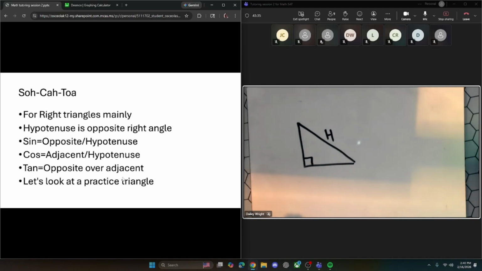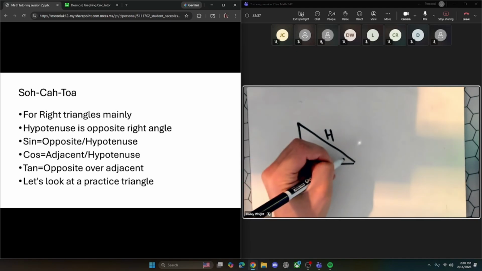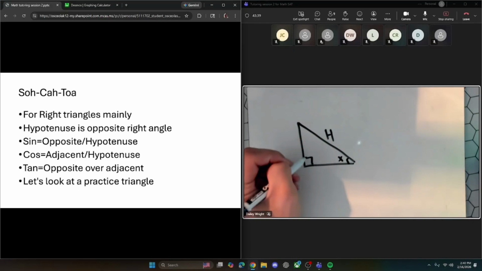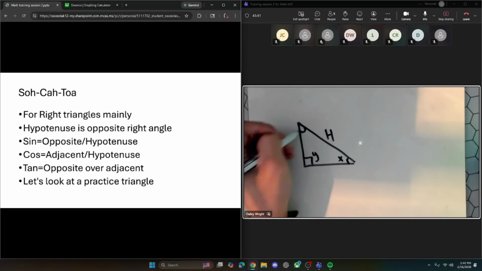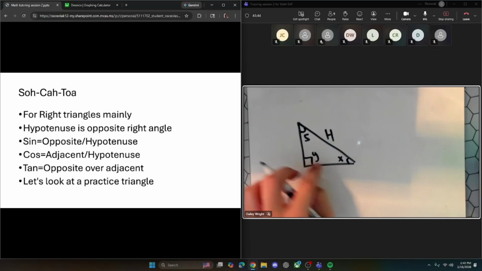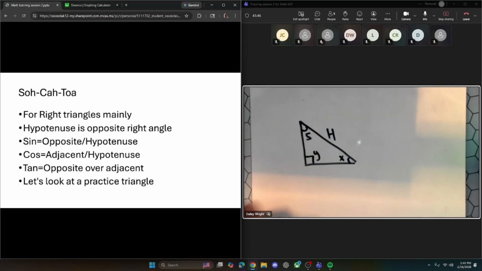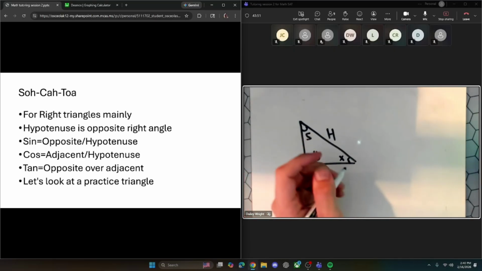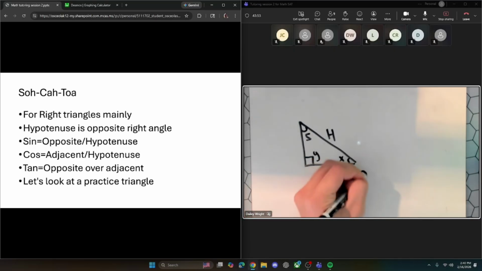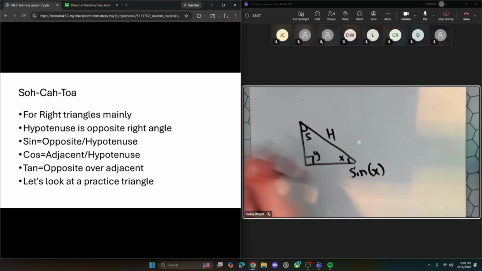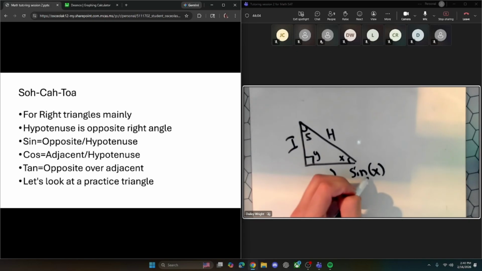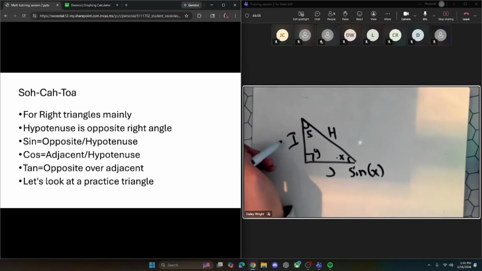So these deal with angles. Let's say this angle is called X, this angle is called Y, and this angle is called Z. We know Y is 90 degrees, but these angles reflect the sides. So let's say we had sine of X. Sine is opposite over hypotenuse. I'm just going to call the outside H, I, J. So sine of X would be opposite.